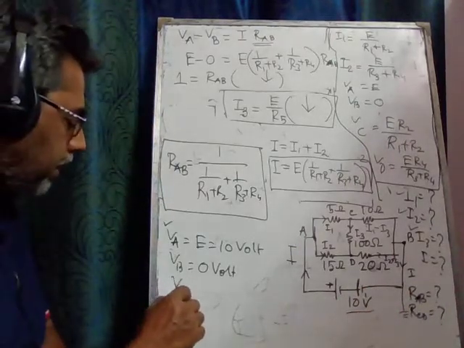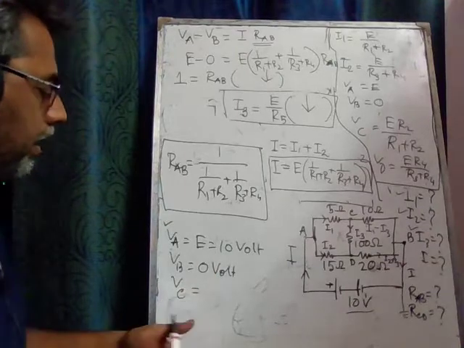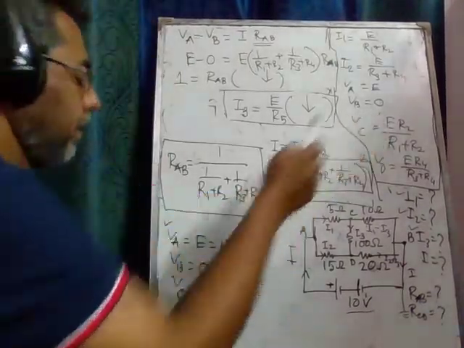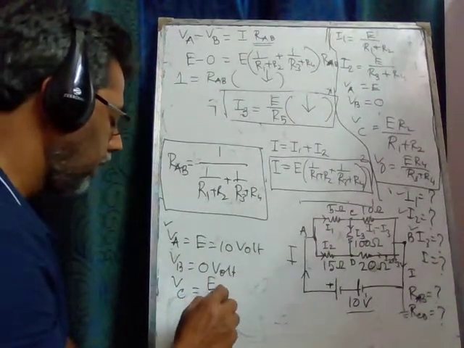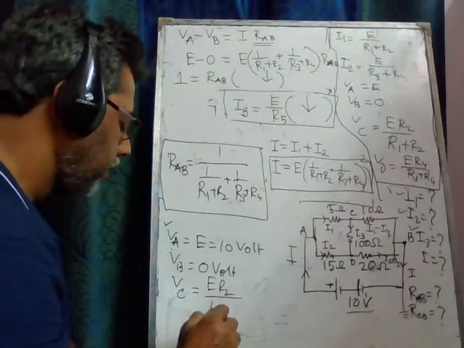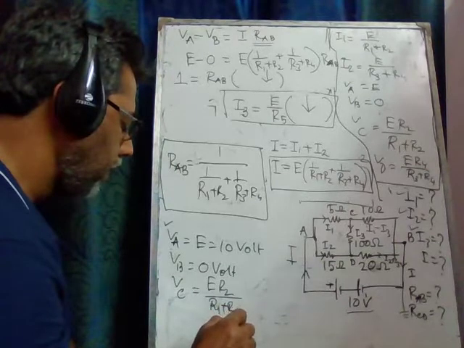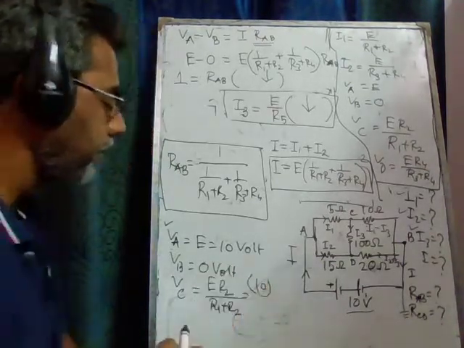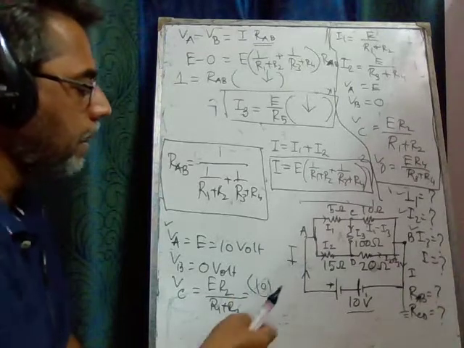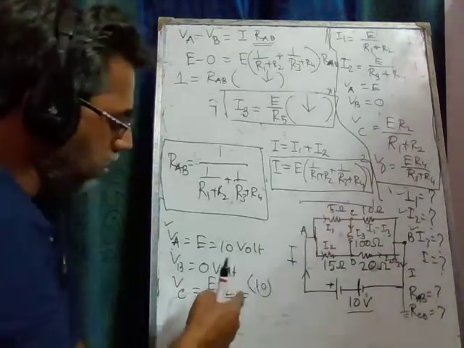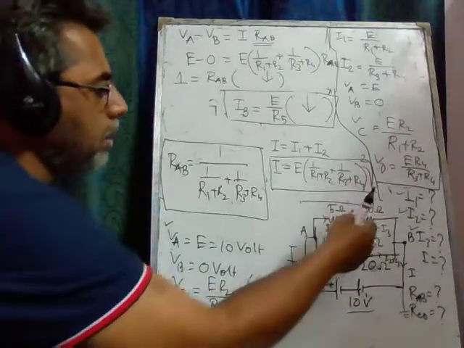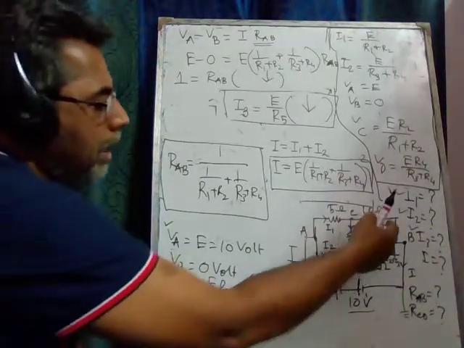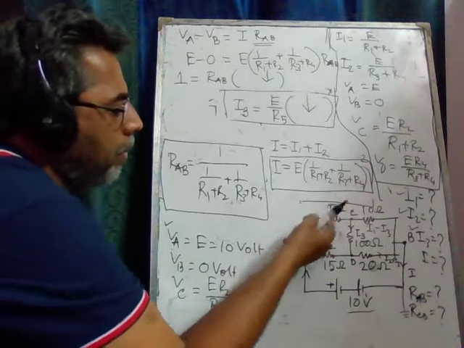What is VC? From this circuit we get E R2 over R1 plus R2. So what is E? E is 10 volt, right? And R2 is the current in the branch. This 10 ohm is our R2.